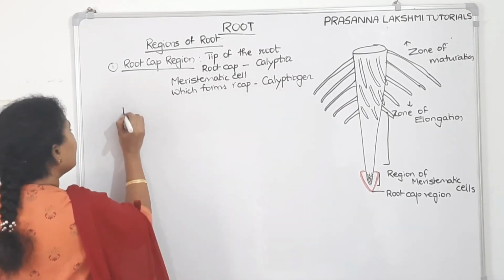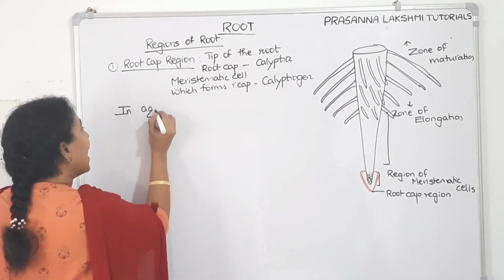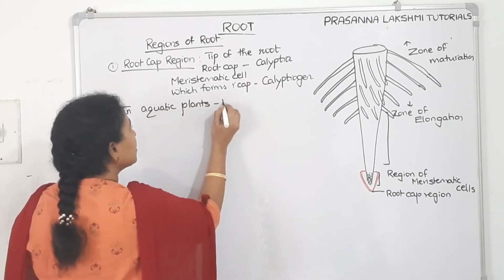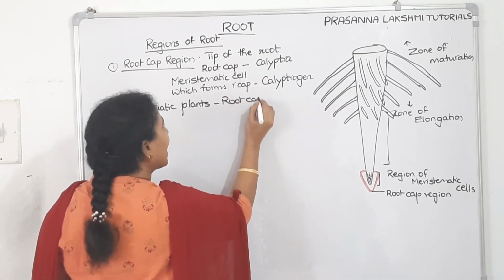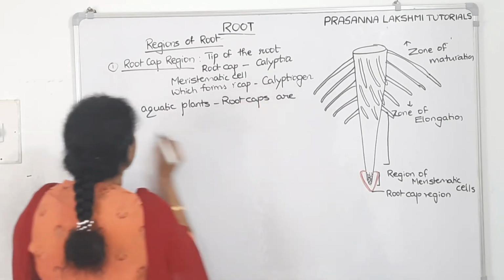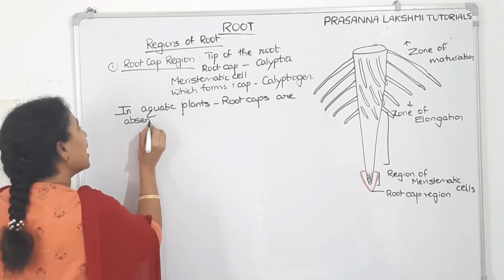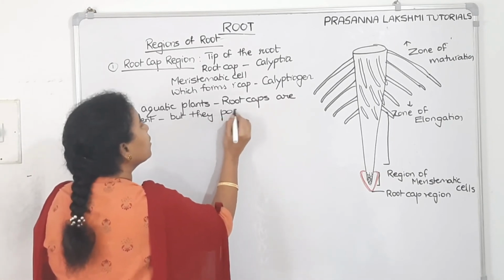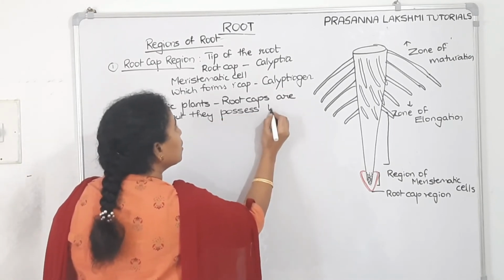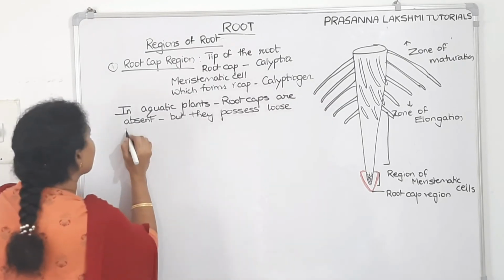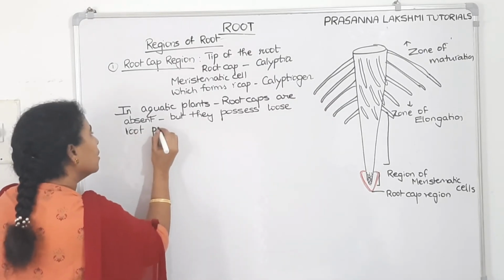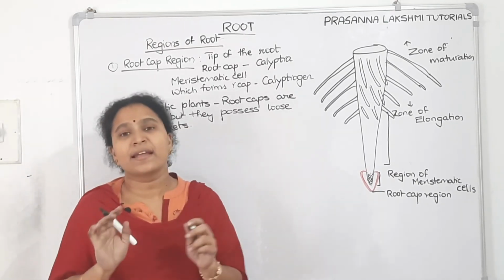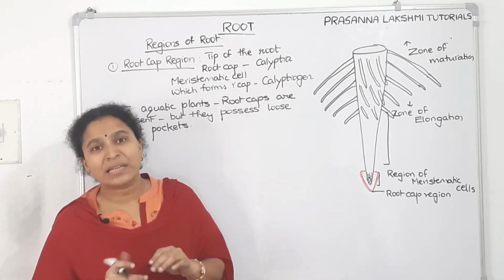In aquatic plants, root caps are absent, but they possess loose root pockets. The cells in the root pocket are loosely arranged. Now, what is the main difference between root cap and root pocket?